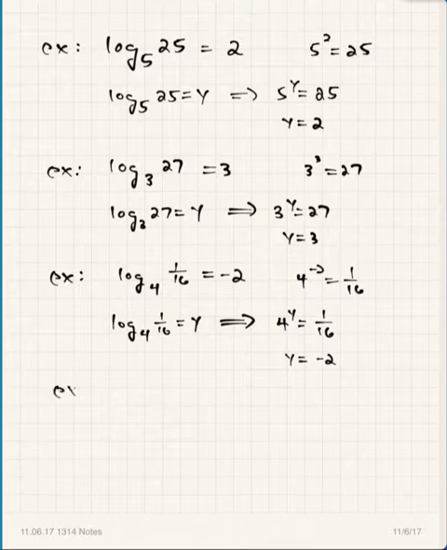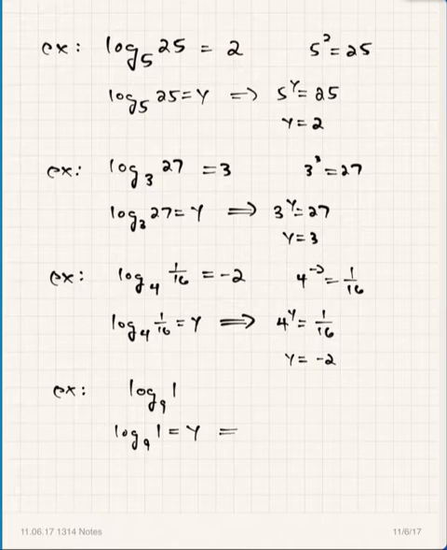All right, let's say we have logarithm base 9 of 1. So if you're not sure what that is, you could rewrite this: logarithm base 9 of 1 is equal to y.